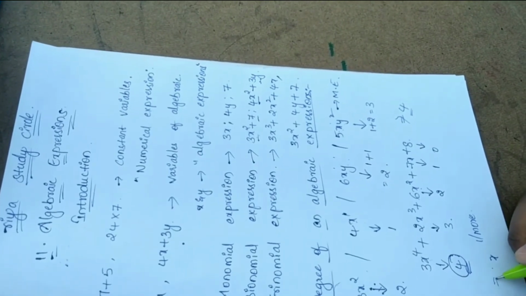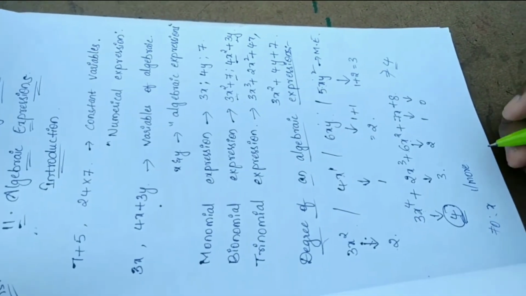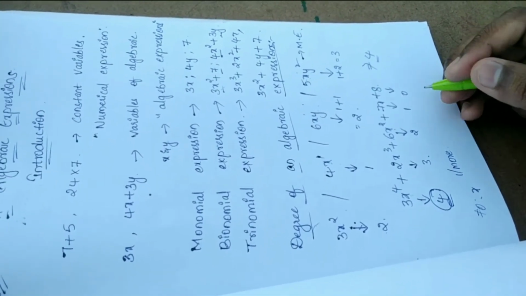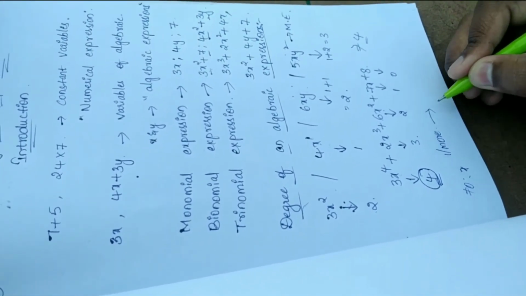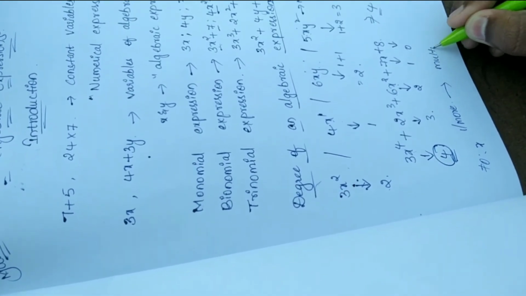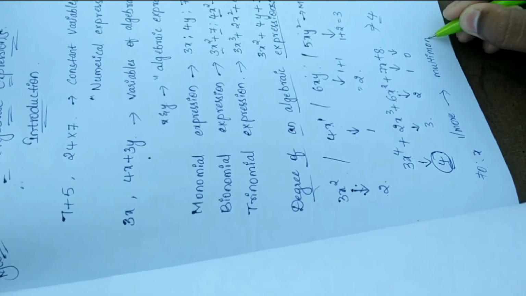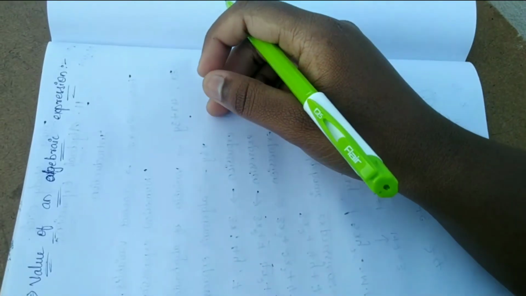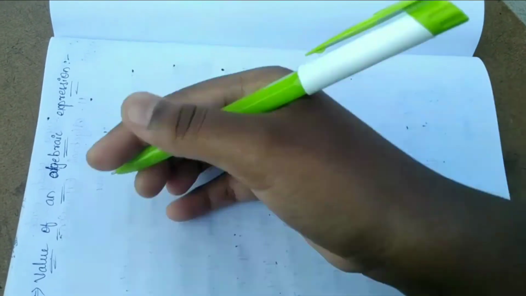That means not equal to 0. If we have one or more terms in expression, then that expression is known as multinomial expression.